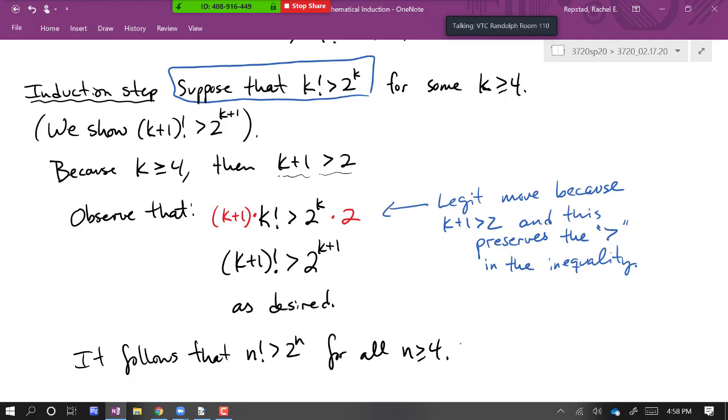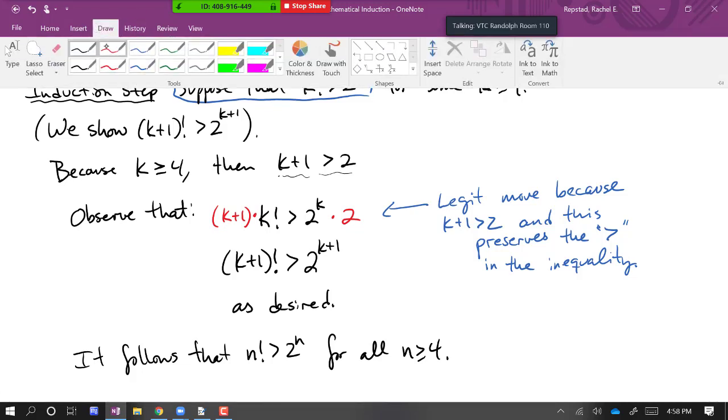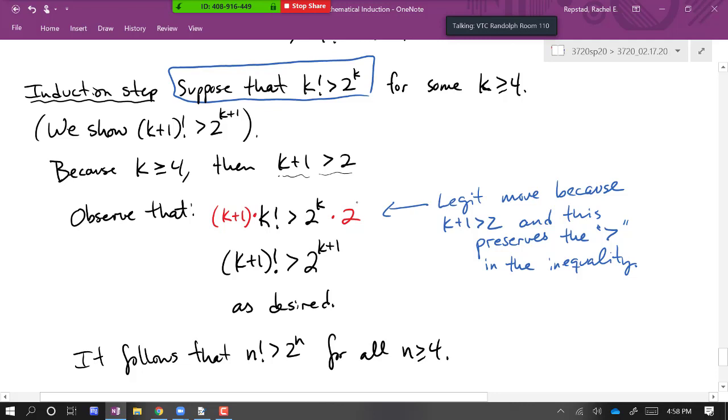Yeah. So the first line, I observed that part, and then you get to the second part, how did we get there? So on the right side, we multiplied by 2, right? Which is 2 to the first. So we add the exponents. And that gets us 2 to the k plus 1. Okay, that makes more sense.